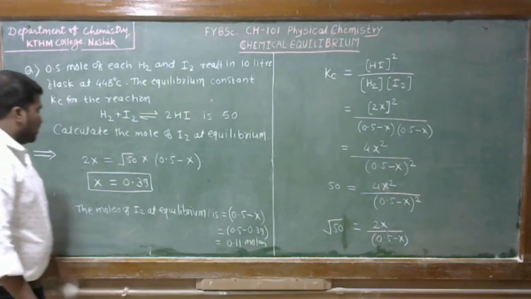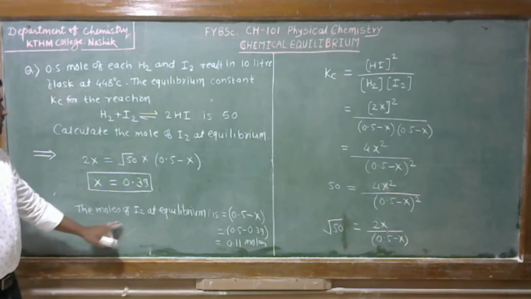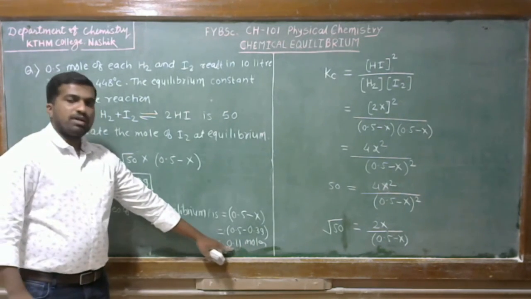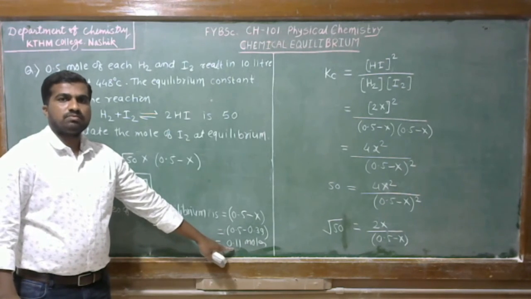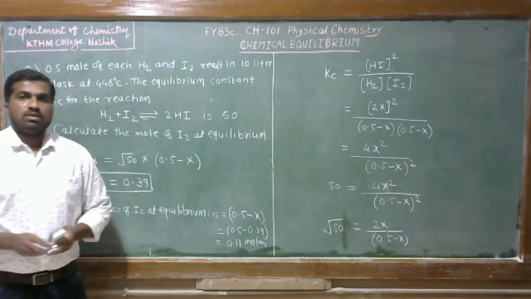Okay, so at equilibrium the moles of I2 is 0.11 moles.